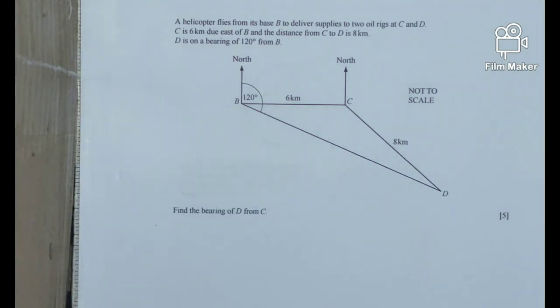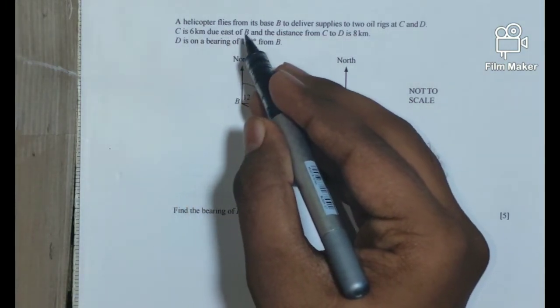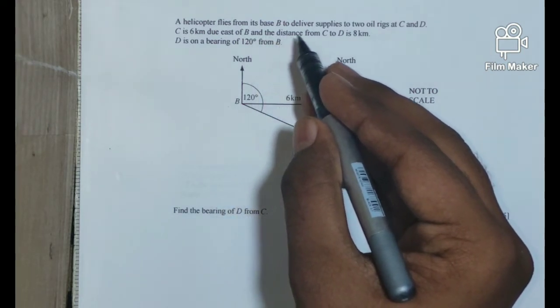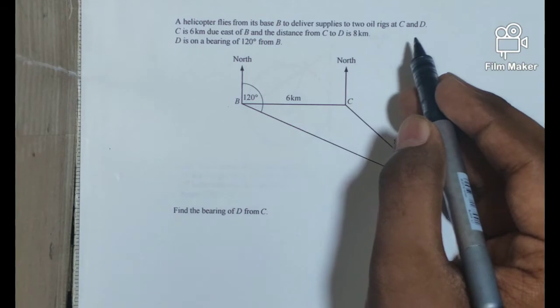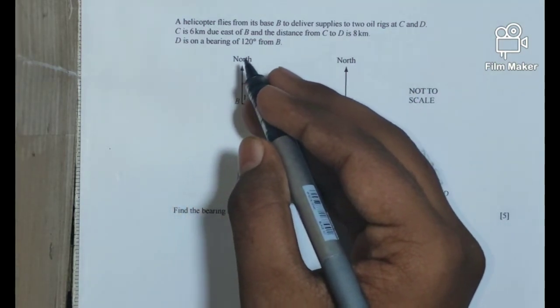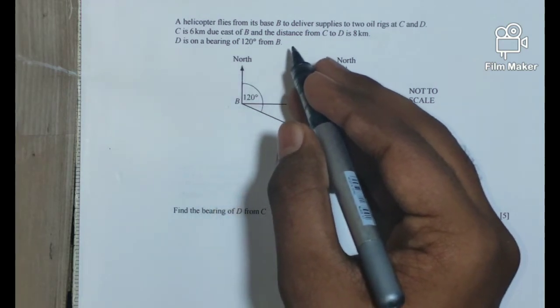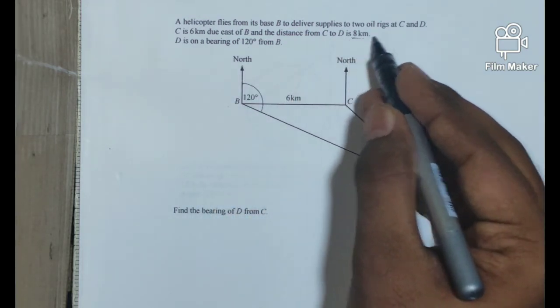So let's start solving questions. Our first question is: a helicopter flies from its base B to deliver supplies to two oil rigs at C and D. C is 6 km due east of B, and the distance from C to D is 8 km.